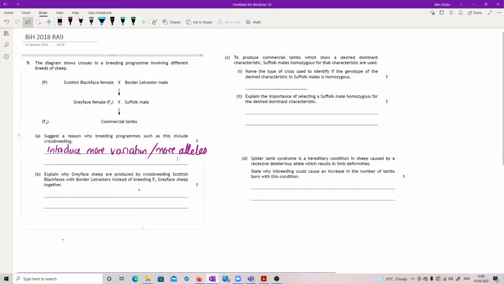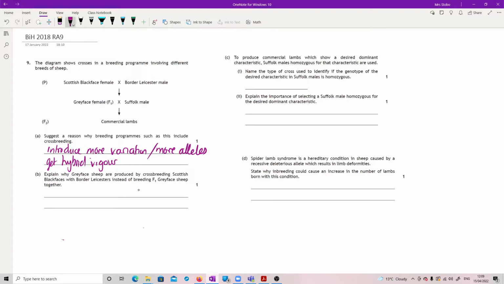And there is also the potential for doing this to get hybrid vigour, which is a useful thing to introduce in a breeding programme, because that means you can then fix that using backcrossing.